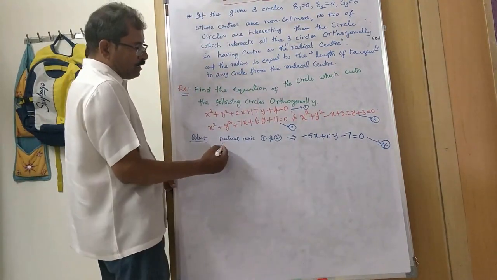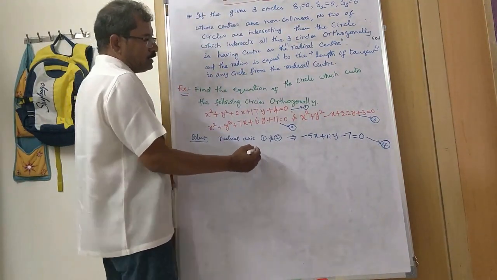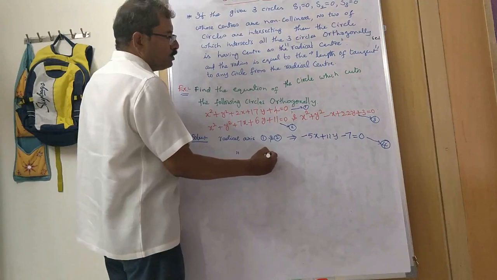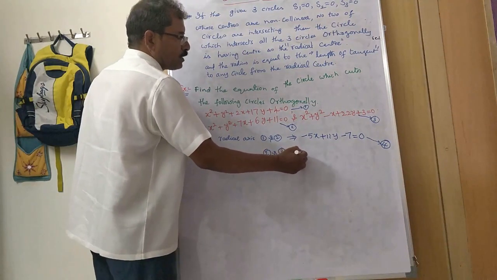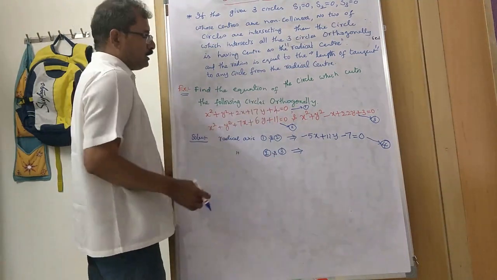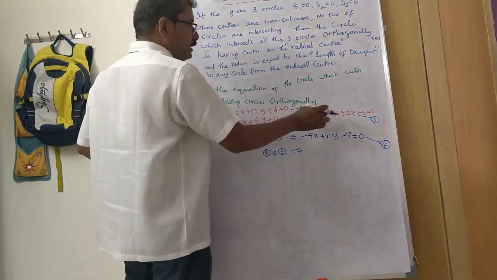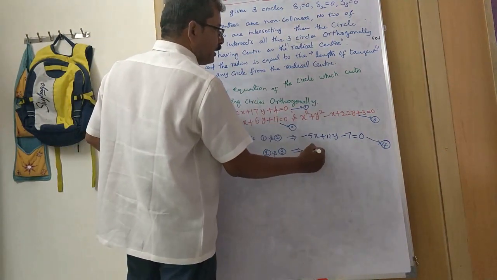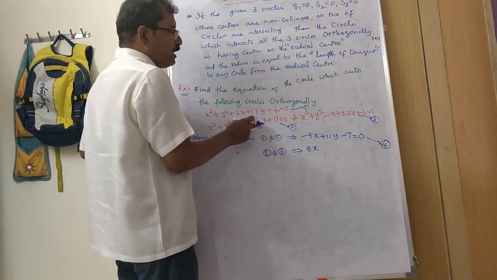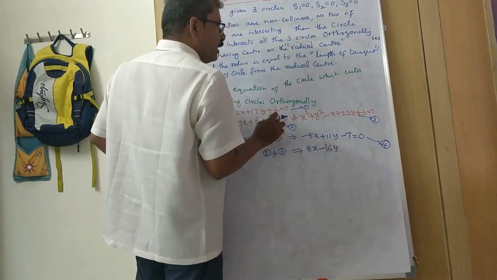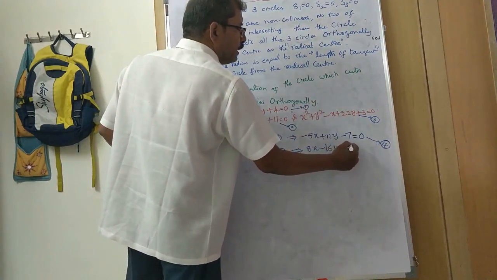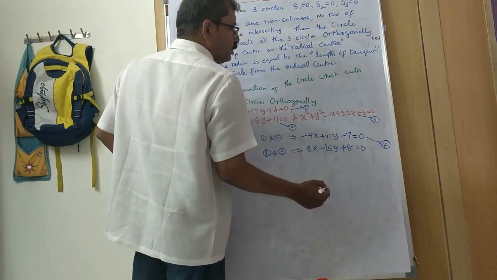Let us say, and the radical axis for 2 and 3, S2 minus S3. Plus 7x, this is minus x, becomes 8x, and plus 6y minus 22y is minus 16y, plus 11 minus 3 is plus 8, is equal to 0.